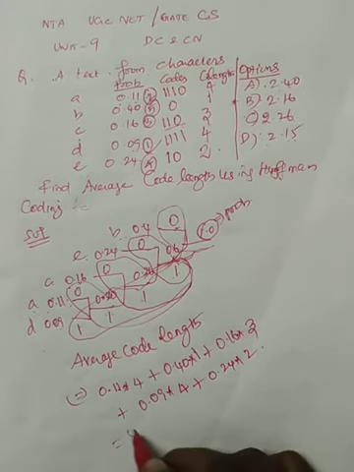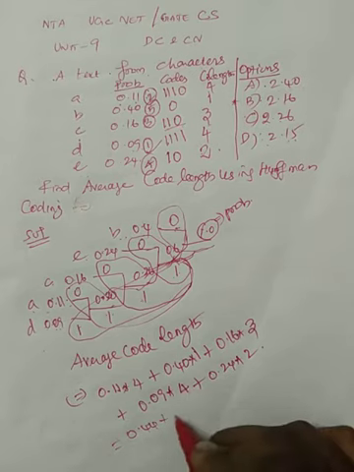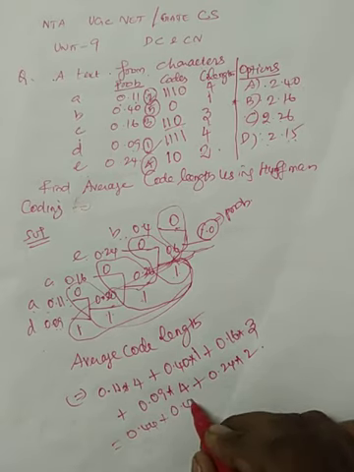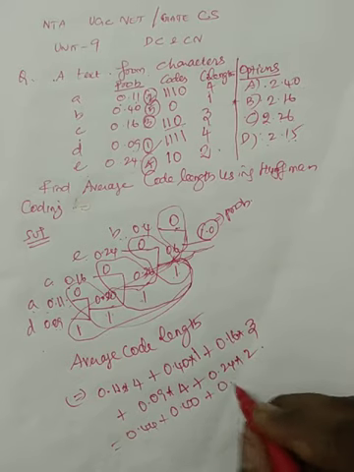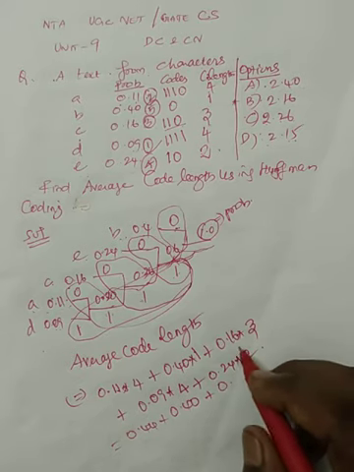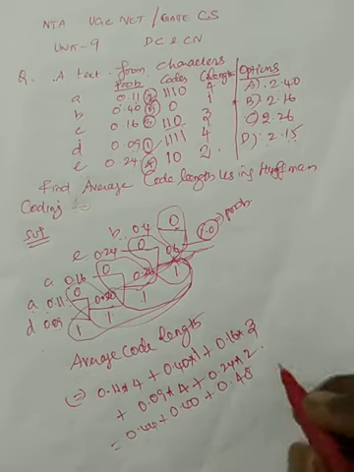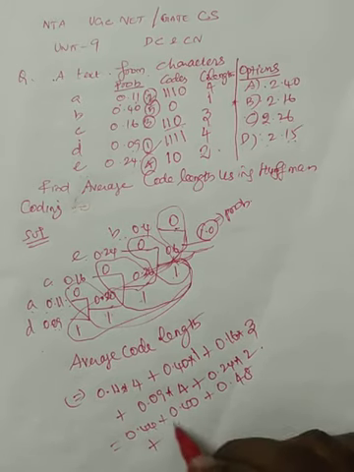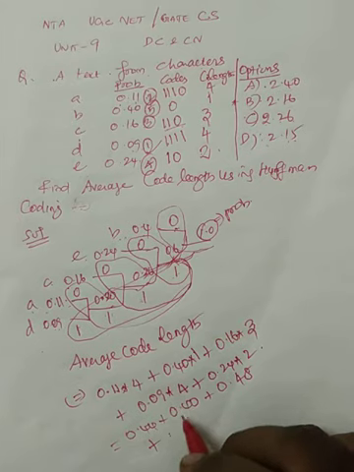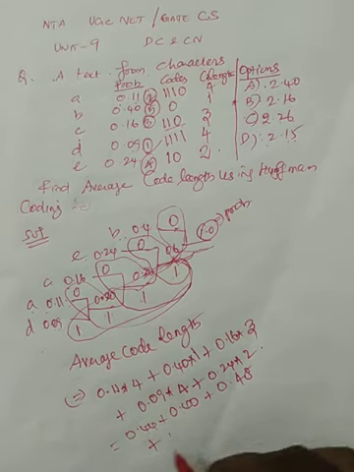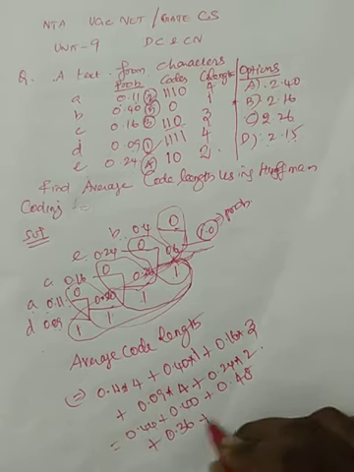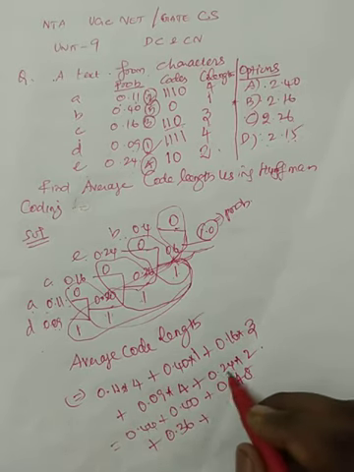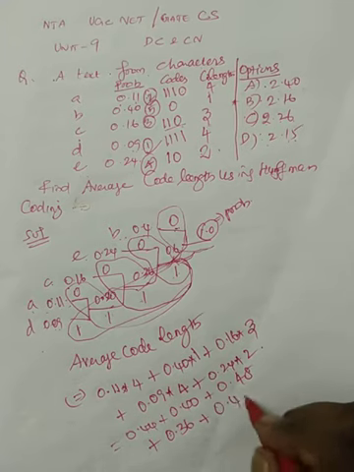Now this is 0.44, this is 0.40, this is 0.48, plus 0.09 into 4, which is 0.36, plus 0.24 into 2, which is 0.48.